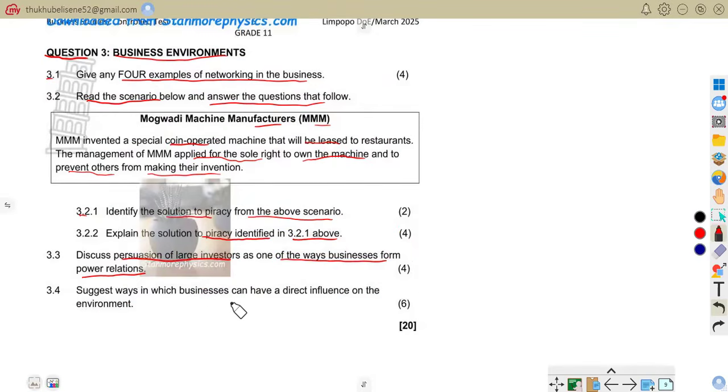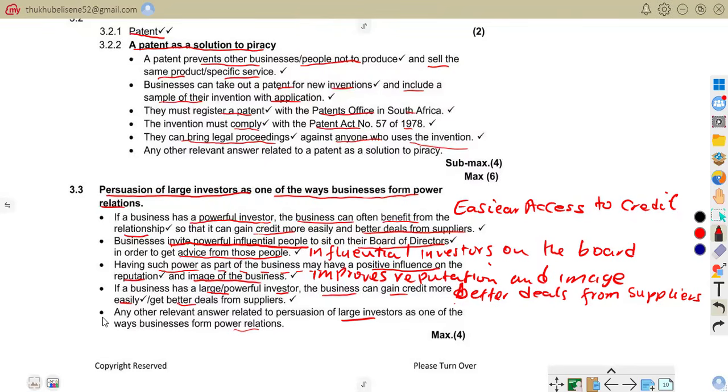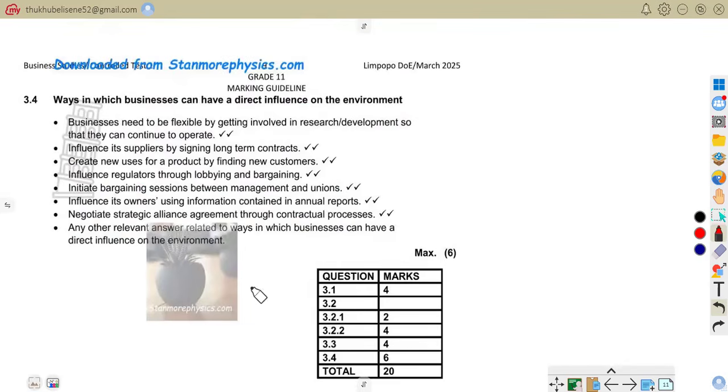Now let us go to 3.4: Suggest ways in which business can have direct influence on the environment. Let's quickly go to our answers. Business needs to be flexible by getting involved in research and development so that it can continue to operate.